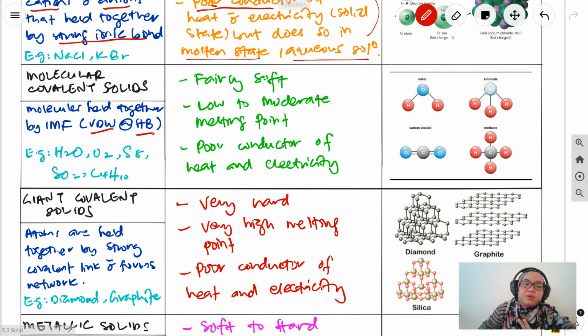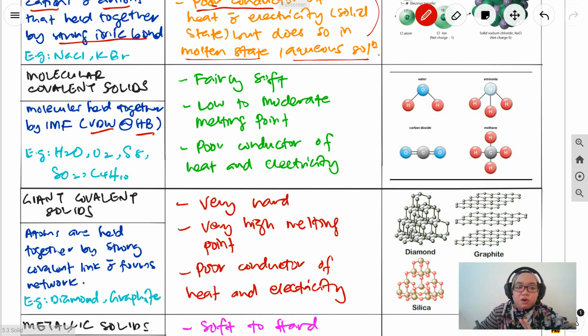So for example, we have water, oxygen gas, S8, SO2, C4H10. These are examples of the molecular covalent solid. So this is the structure of the molecular covalent solid. Later they can combine, with water molecules, carbon dioxide molecules for example.